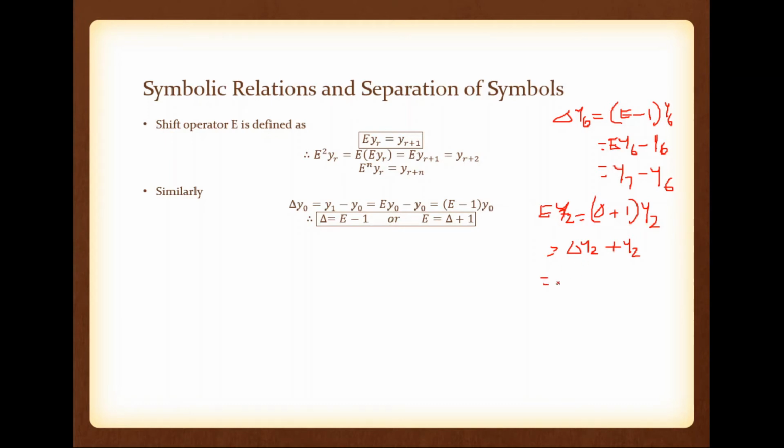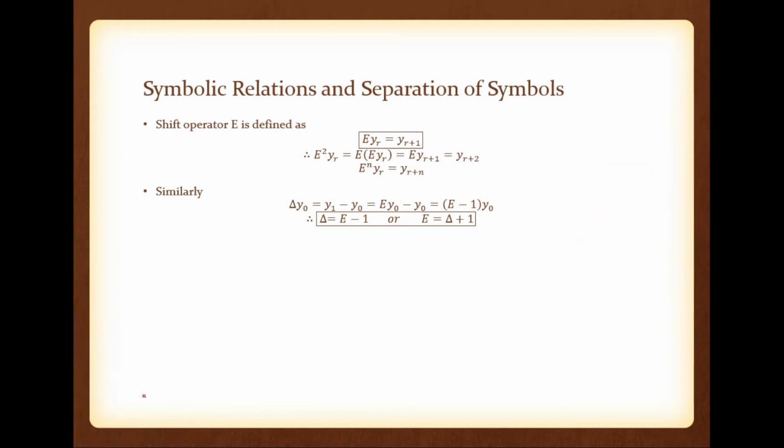Delta Y2 is next data Y3 minus Y2, plus Y2. Y2 and Y2 cancel, so we have Y3. Directly, E Y2 means next data of Y2, that is Y3. So both are correct. E is equal to delta plus 1. Please remember this operator.